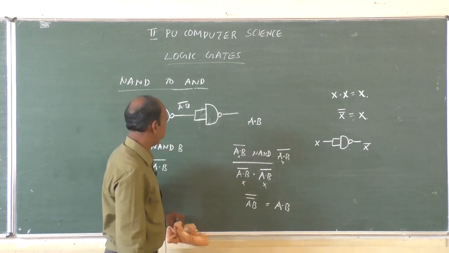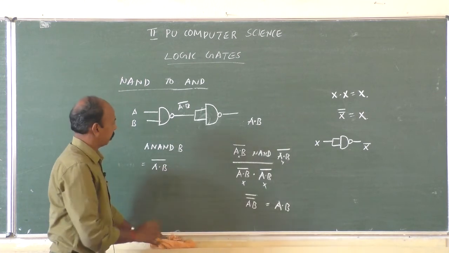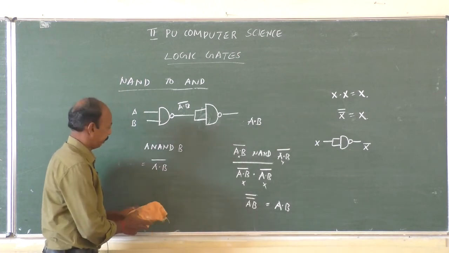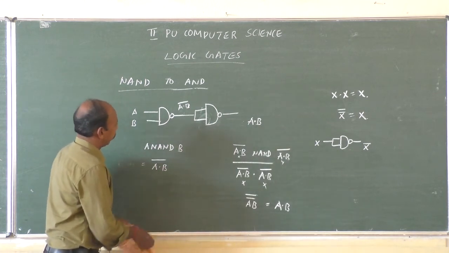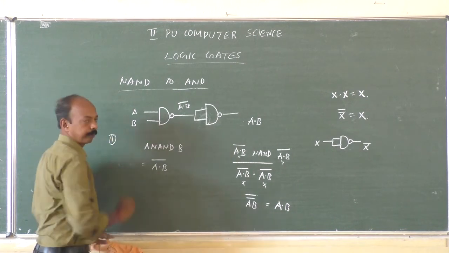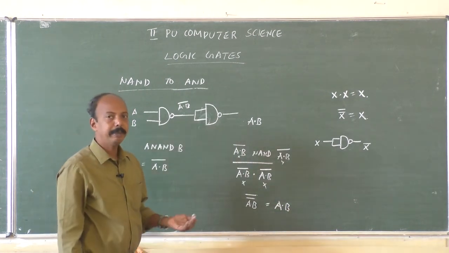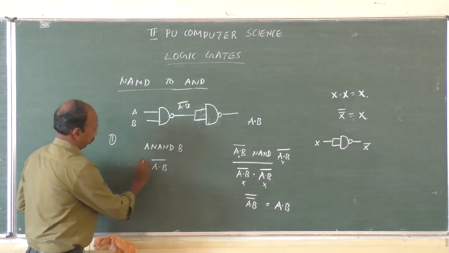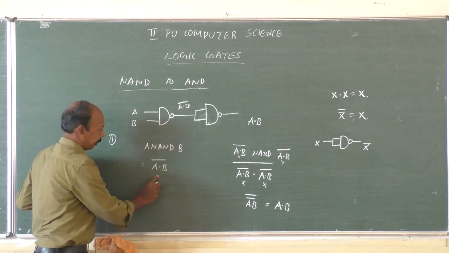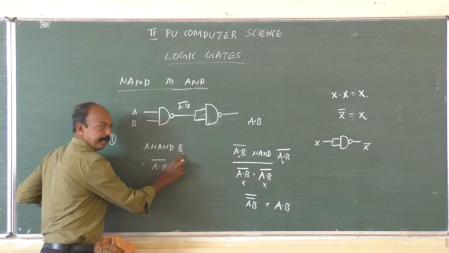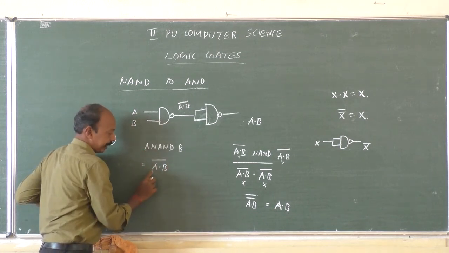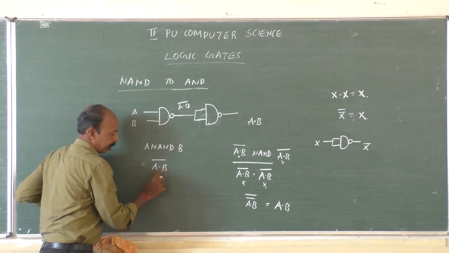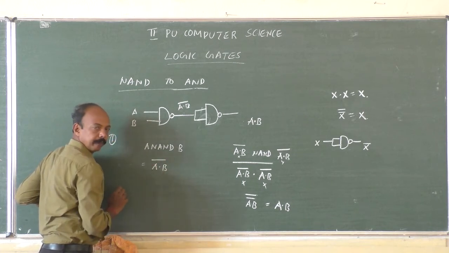There is one more method which is somewhat complicated; even that we can try. This is the first method. The second method: here itself we shall write A NAND B, which could be written as (A dot B)', right?